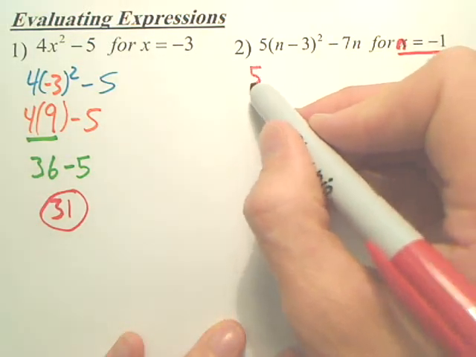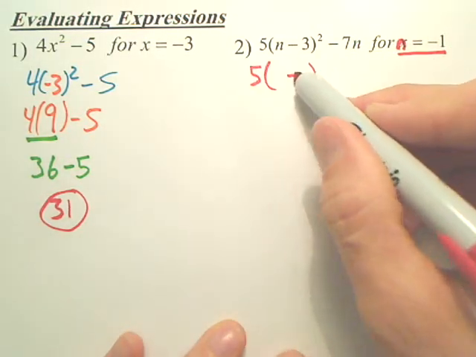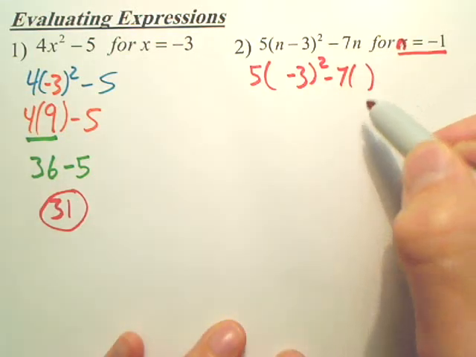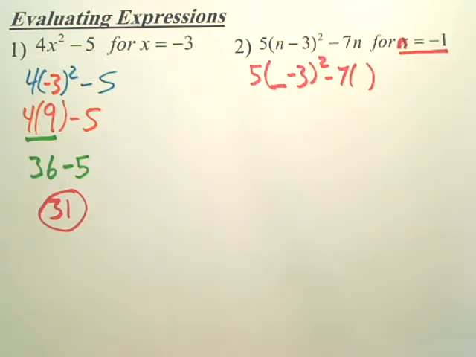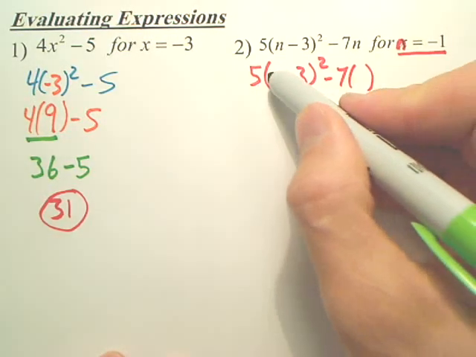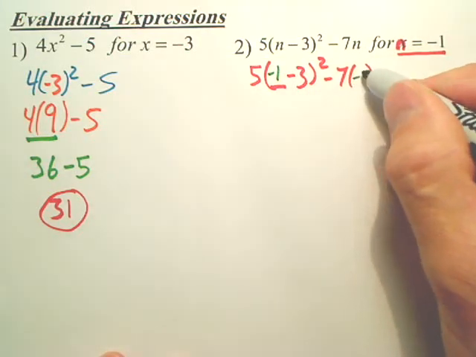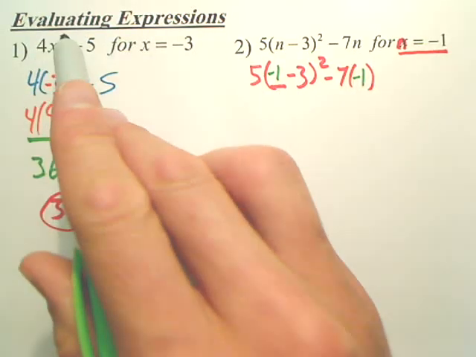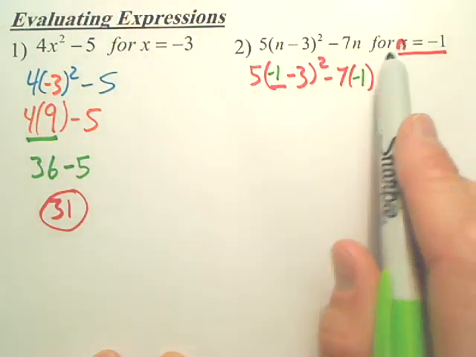So it looks something like this. What's going to go in for n again? -1. You put a -1 there, and you put a -1 there. So you're evaluating by plugging in -1 for n.